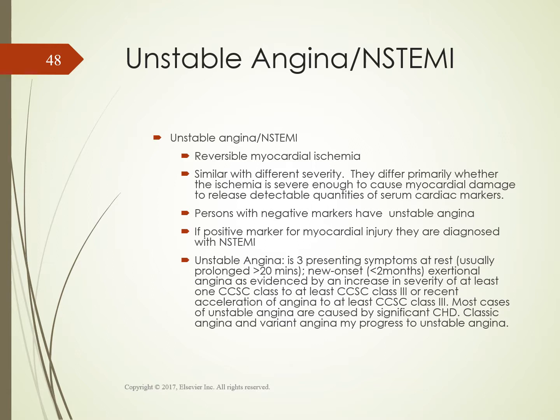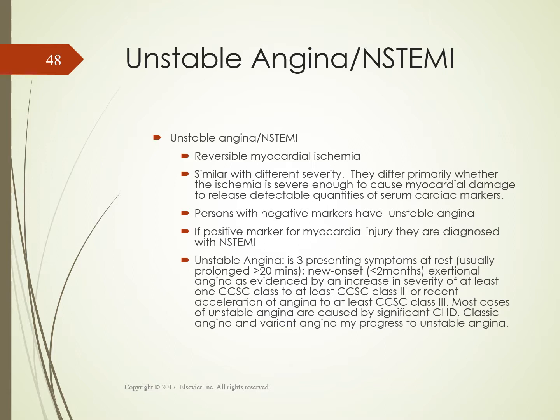It has been said that cocaine has been implicated as a risk factor for unstable angina. The diagnosis of unstable angina is based on pain severity, presenting symptoms, hemodynamic stability, ECG findings, and serum cardiac markers. If there are positive markers for myocardial injury, they are diagnosed with NSTEMI.